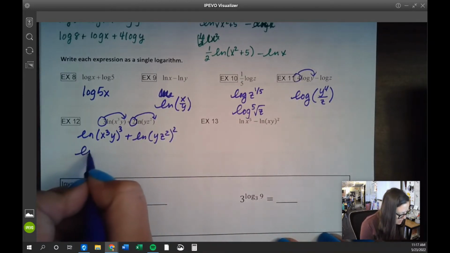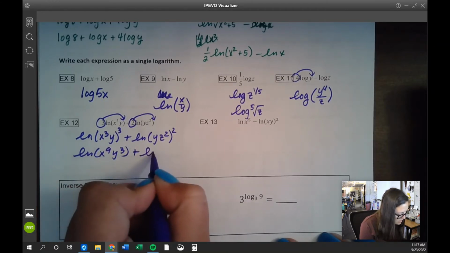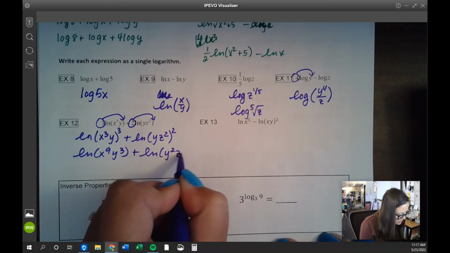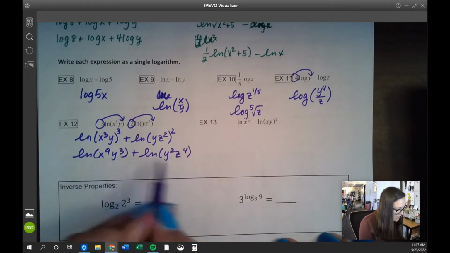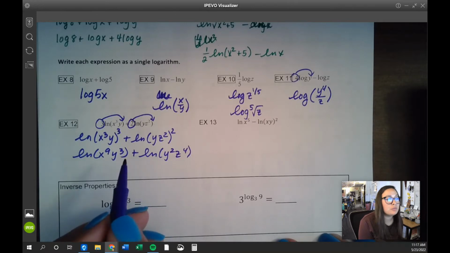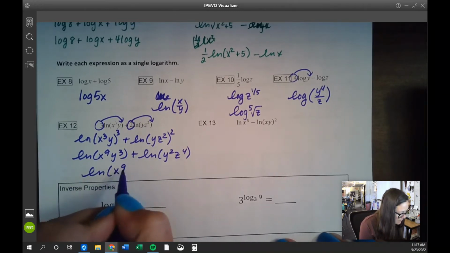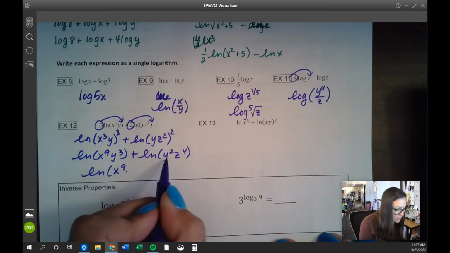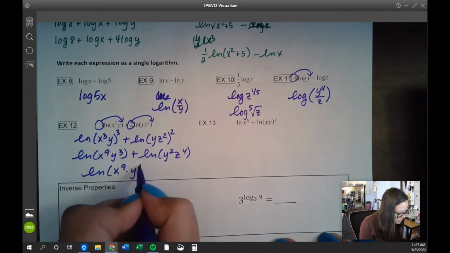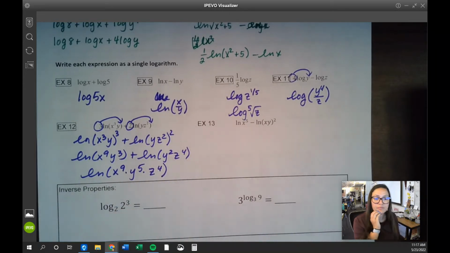So that gives me x to the 9th, y to the 3rd, and that gives me y squared z to the 4th. And then I can combine these together. And when I combine these together, I'm going to multiply them. So I have x to the 9th times y to the 3rd times y to the 2nd becomes y to the 5th times z to the 4th.